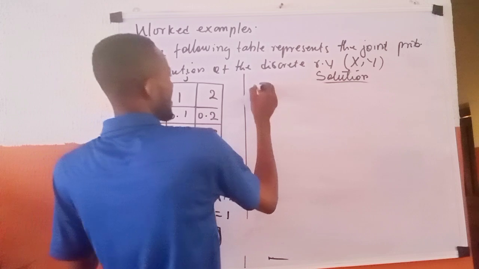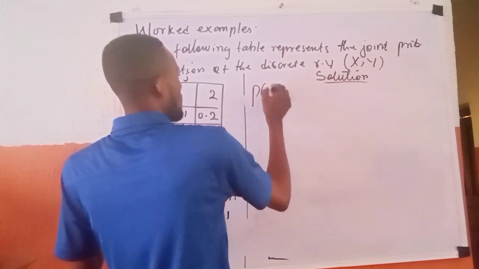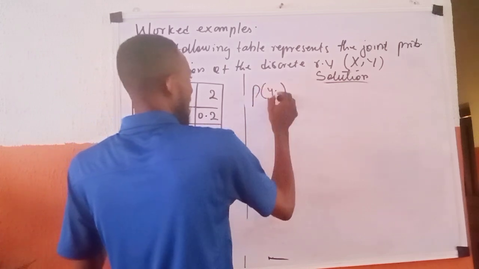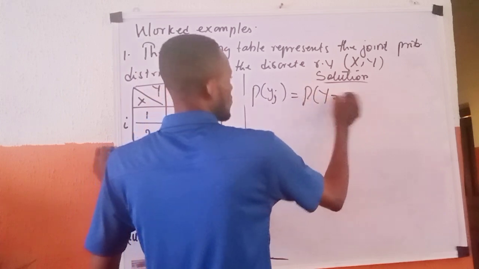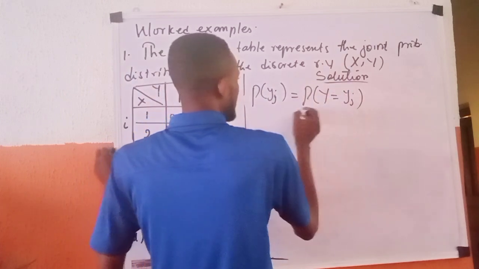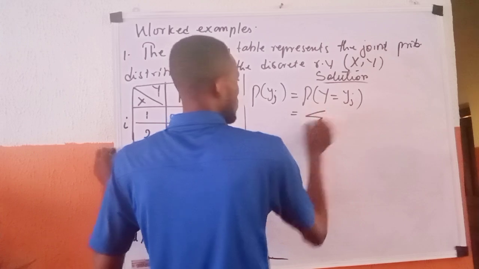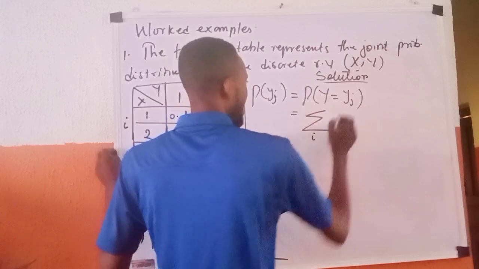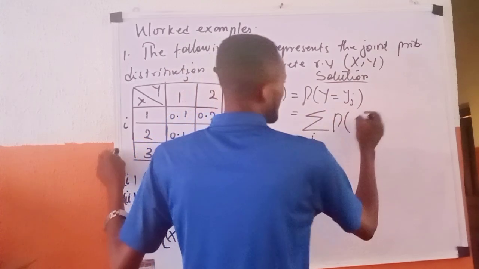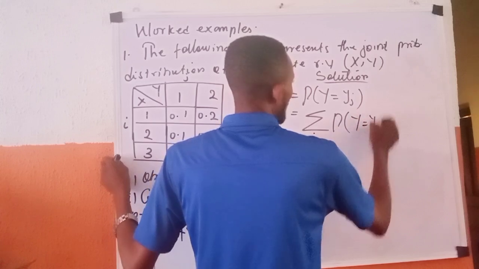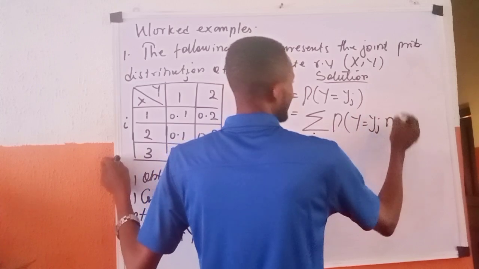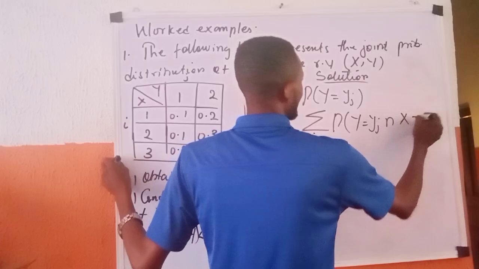So we now say that P of y equals yj, which is the same thing as P of capital Y equals yj, is now going to be summation over i of P of Y equals yj intersection that X equals xi.